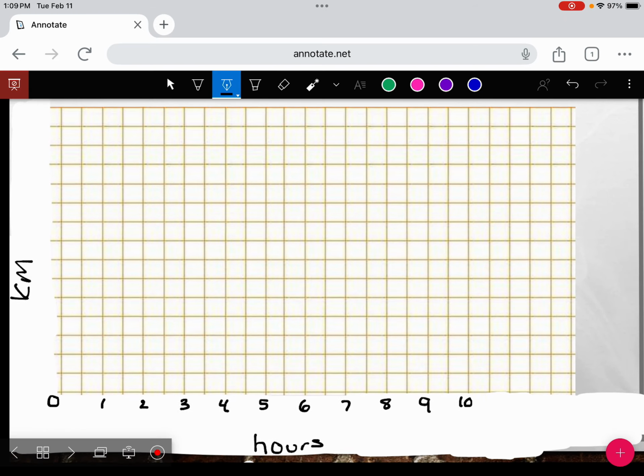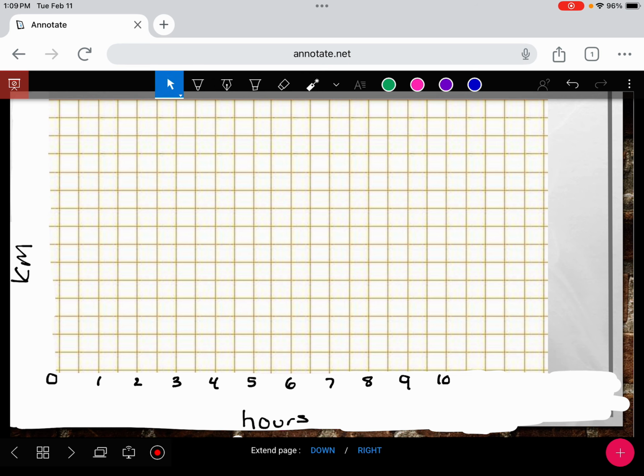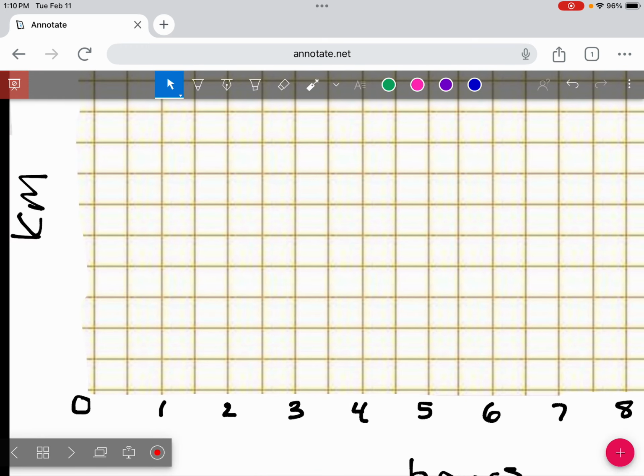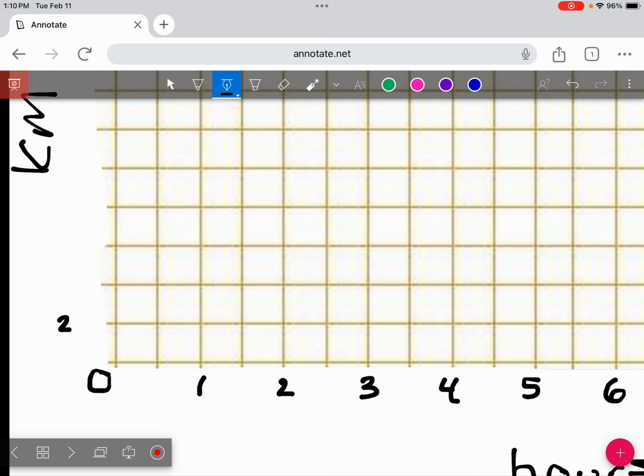So this is how I'm starting my graph. I'm just using the same scale that Maria used on her graph, just because that's going to make things a little bit easier.